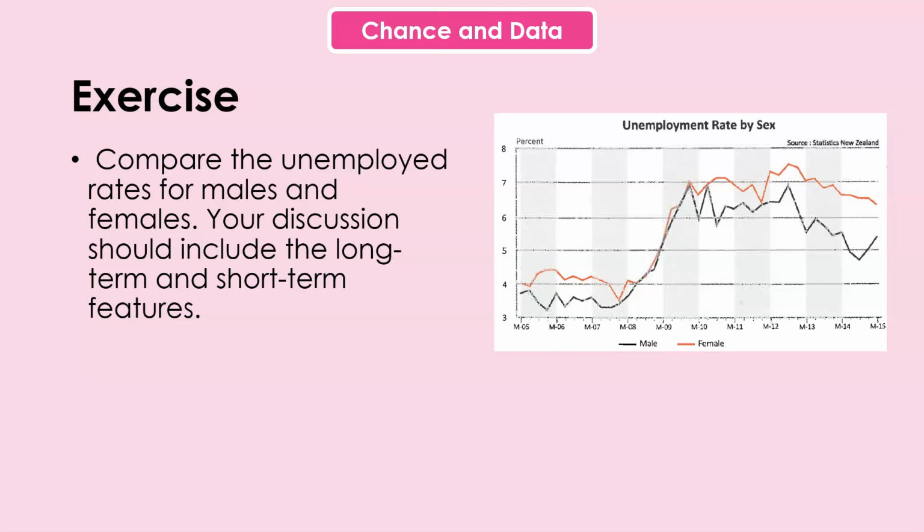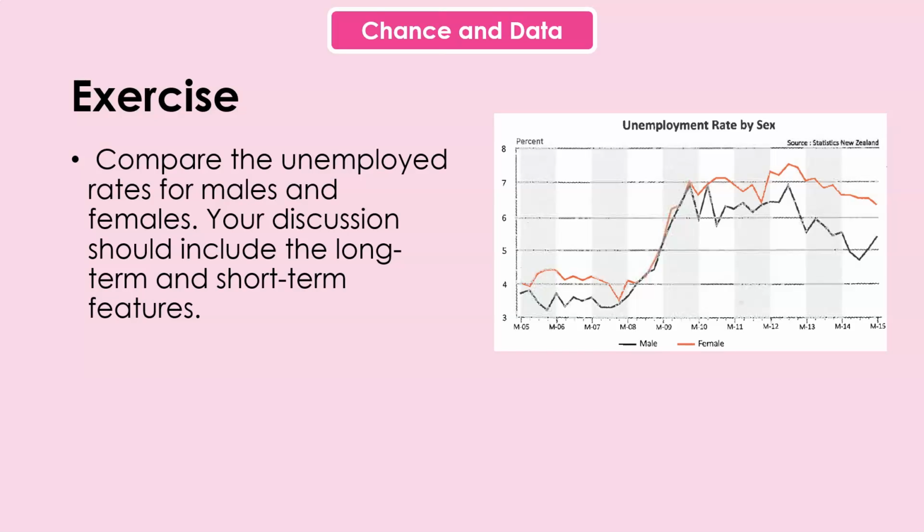What I'd like you to have a go at with this exercise is looking at the features of both these graphs. So what we have is the unemployment rate of males and females between March 2005 and 2015.